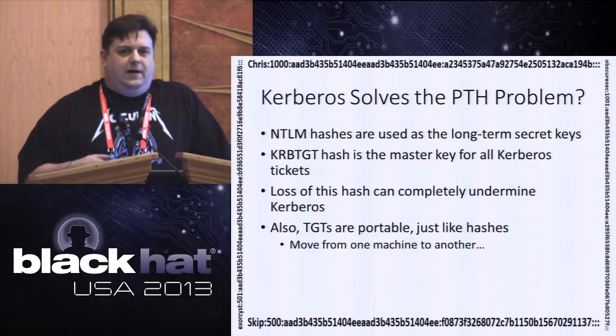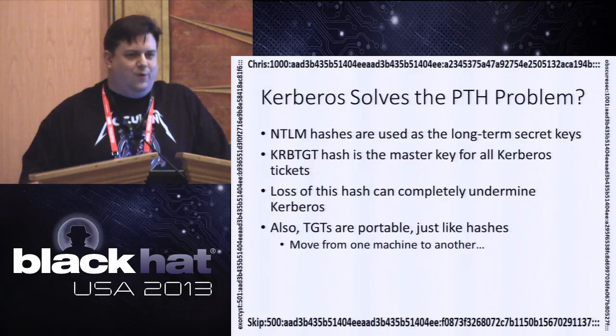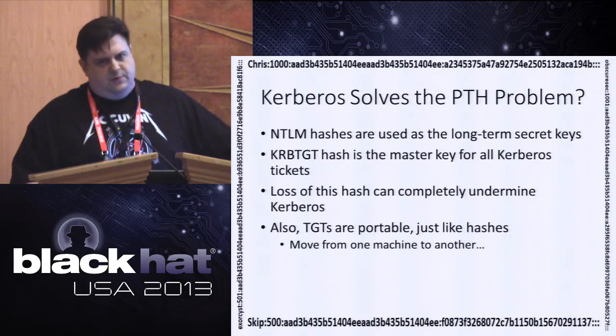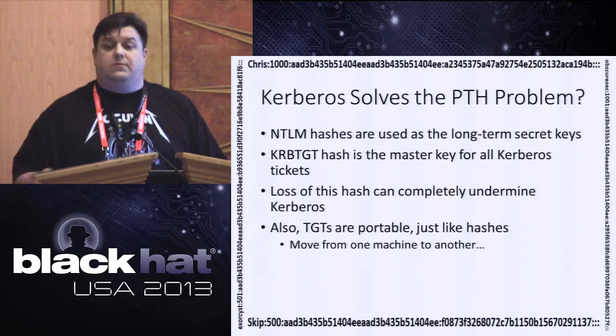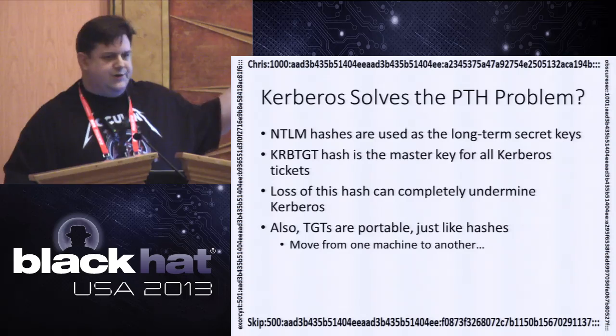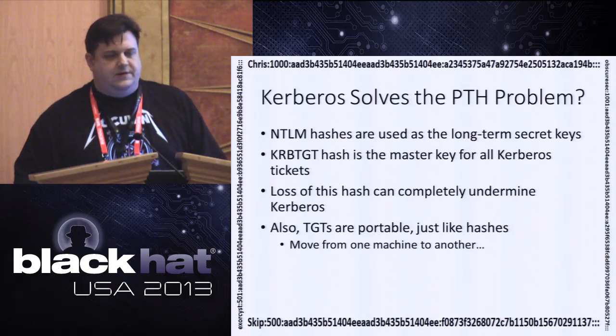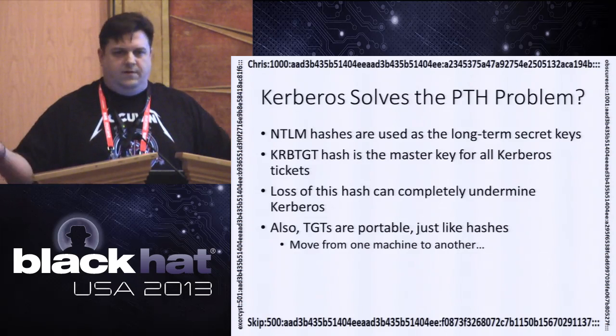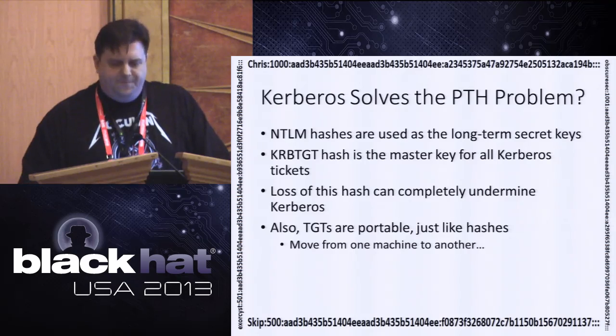They talked about how TGTs were relatively portable, and some other stuff that was specific to Kerberos 4 at the time, but a lot of these problems are still around today. In our white paper, we actually link to it. It's a fascinating read because you could just substitute Windows for Unix here and there, and the paper reads very cleanly.